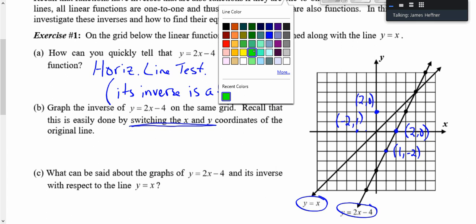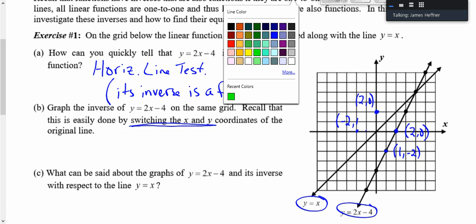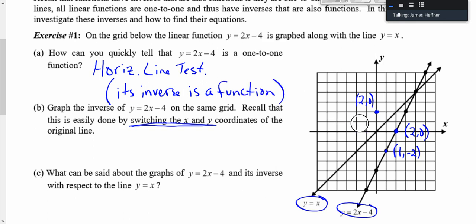So if we connect these, wait, did we get that? Look, I didn't plot that one right. Scratch that. Hang on, guys. Whoopsie daisy. Let's erase that. You got me all flustered here. So (-2, 1), there's the point right there. That's why we do math in pencil, guys.